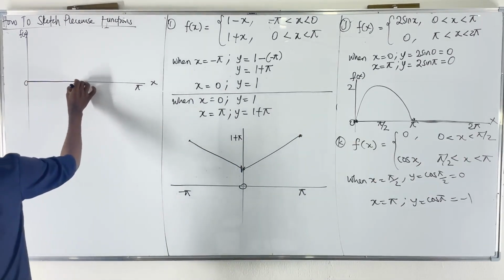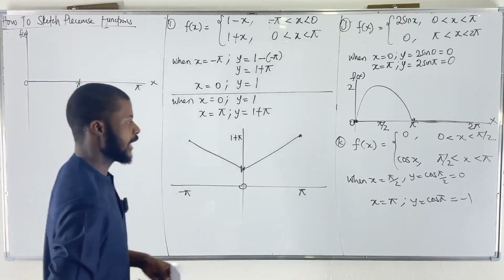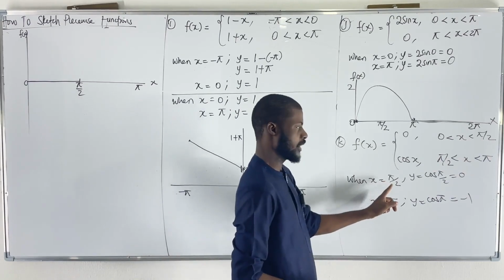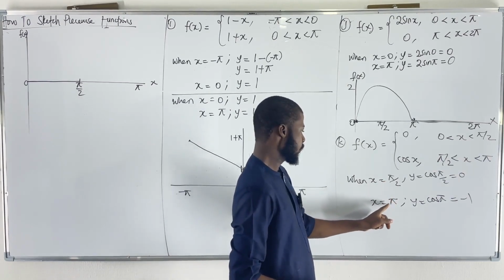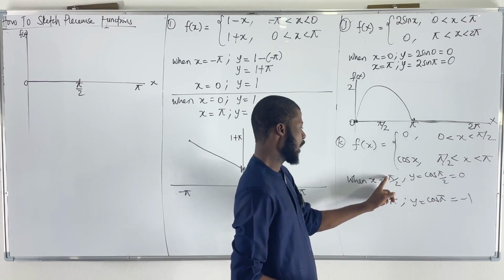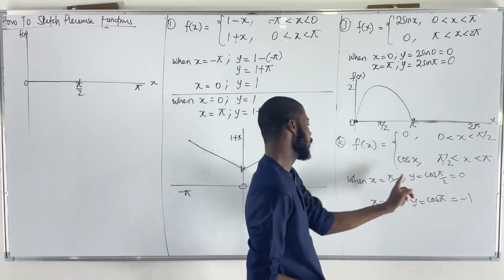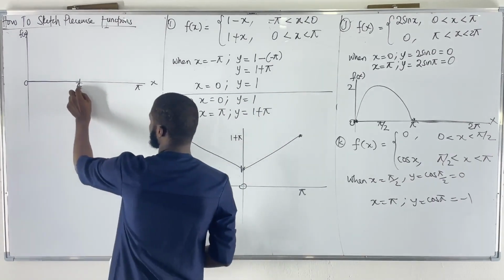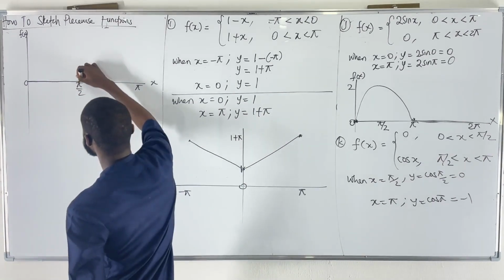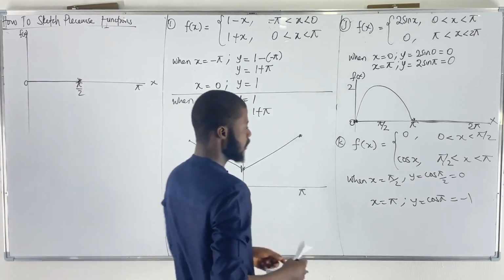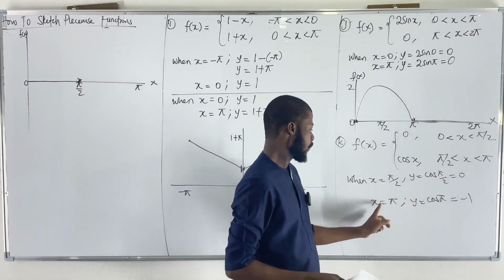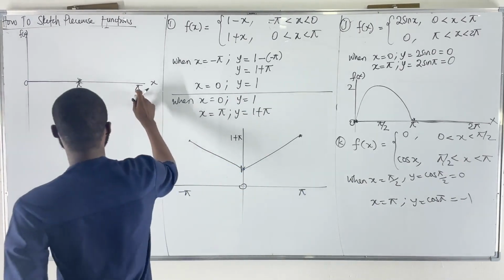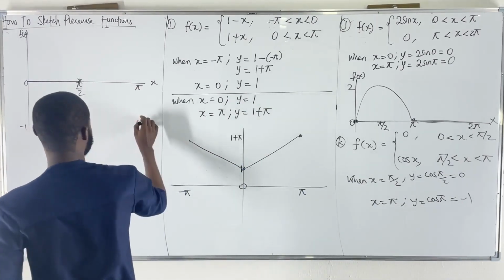Then from pi over 2 to pi, take note: the only point we have was pi over 2, so when x is pi over 2, y is 0. So this point is inclusive. Then the next one is when x is pi, y is minus 1. So let me put minus 1 here. That's this guy here.